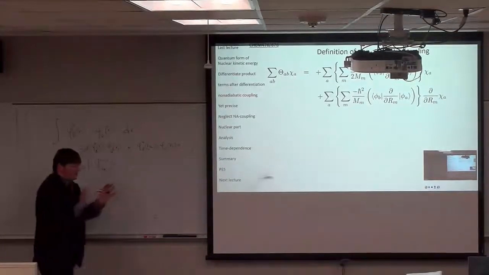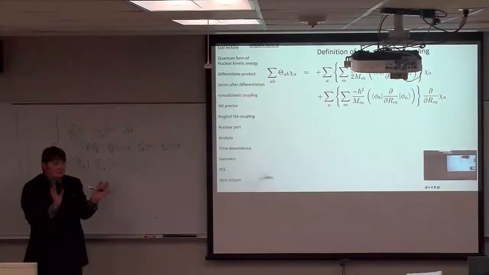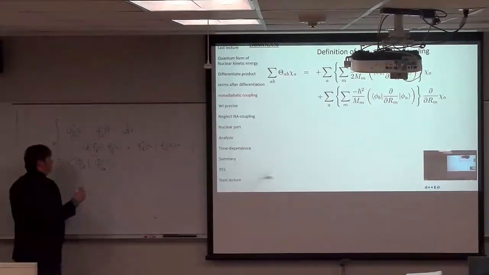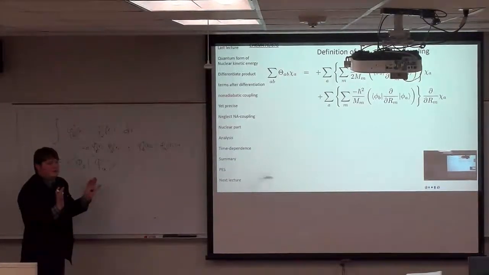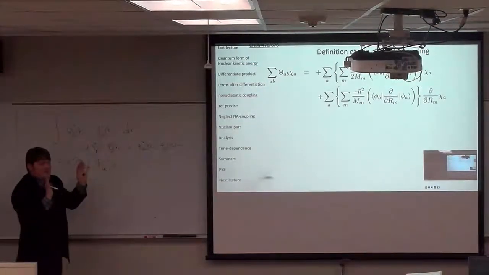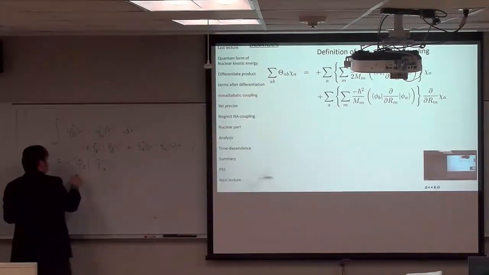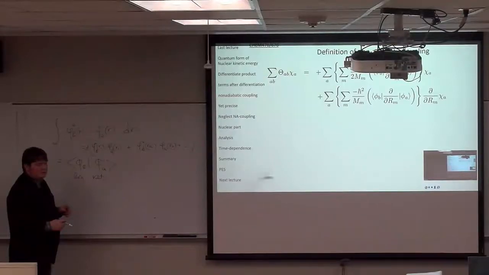And a scalar product is like the product of two vectors, vector A and vector B. And the product of two vectors looks like two brackets, one from the left side, one from the right. The left part of the bracket is bra, the right part of the bracket is ket.